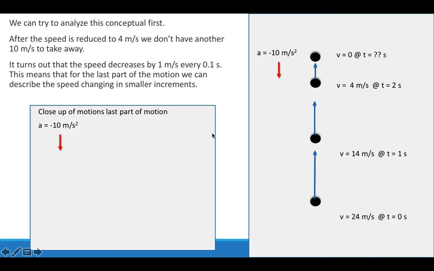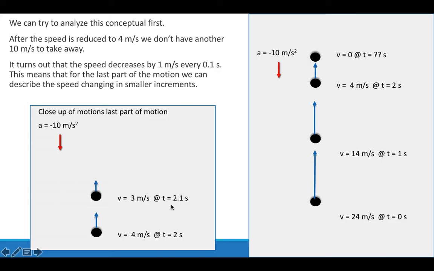So let's think about what's going on. We're looking at a close-up of this last part of the motion, a blown-up picture so that we can see what's going on. Here's our object at 2 seconds, traveling at 4 meters per second. Since it's slowing down under the influence of gravity, every 0.1 seconds that goes by, the speed will change by 1 meter per second.